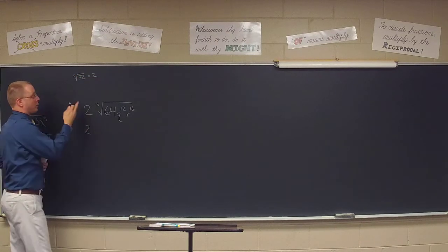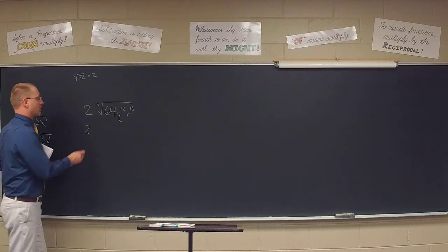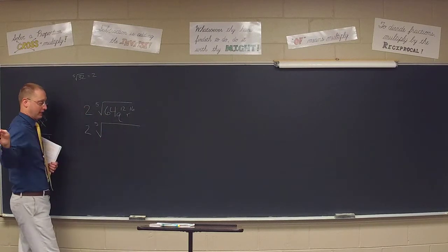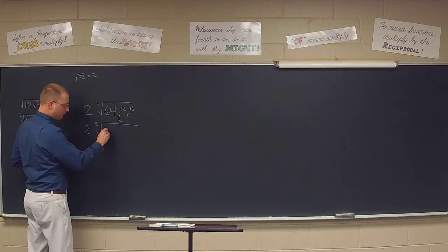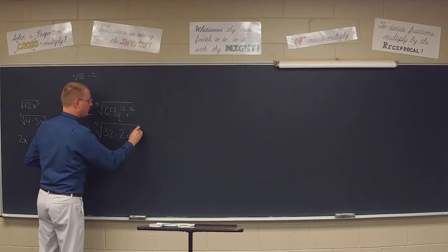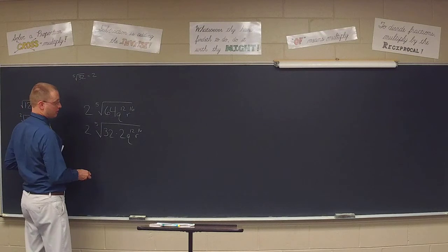If that didn't work, though, we would have had to figure out, well, what's 3 to the 5th? Maybe what's 4 to the 5th? Maybe what's 5 to the 5th, right? We just figure it out as we go, but this works out pretty nicely. So we'll factor that 64 into 32 times 2. And again, for now, keep the letters. Then we take the 5th root of the 32 to get 2.